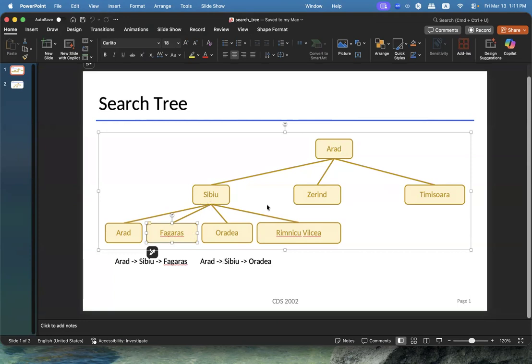Okay, and the ODS node is actually representing a path from Arec to Cebu to ODS. Okay, so you can see that the search tree itself is a collection of paths. Okay, and each node is actually representing one path.